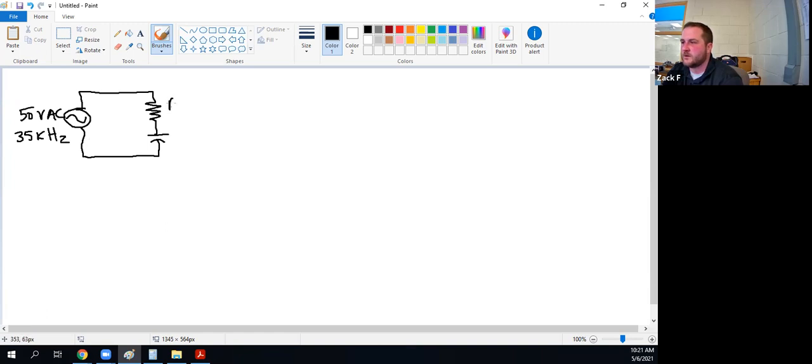I'm going to say this is 3.2 kilo ohms. I'm going to say this is 1 microfarad.